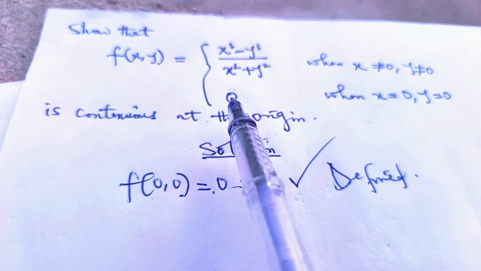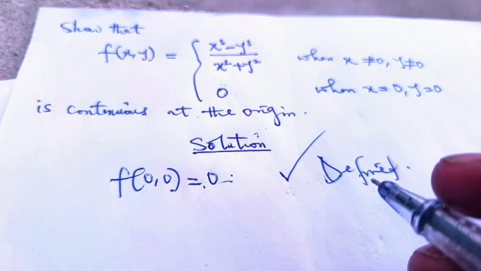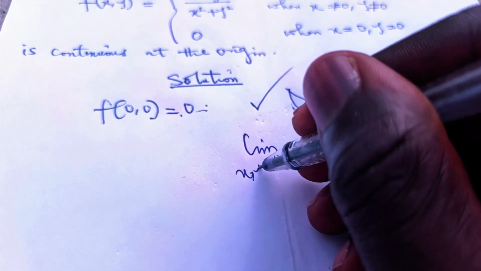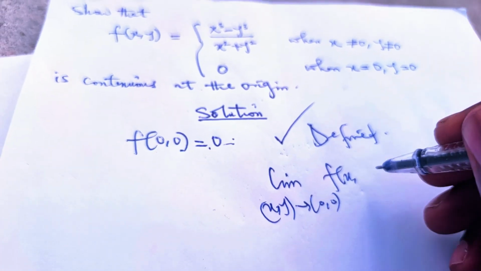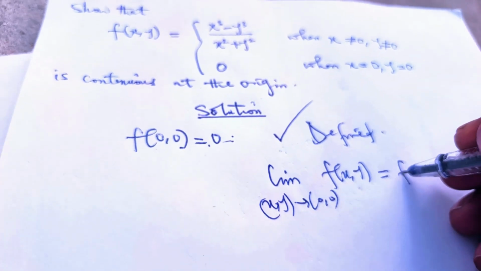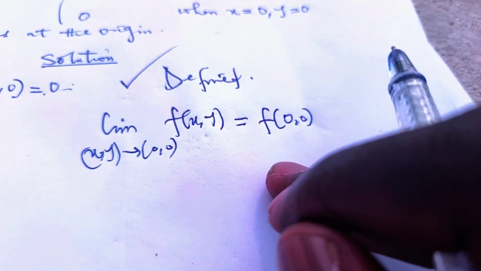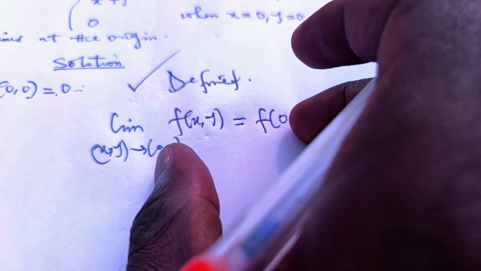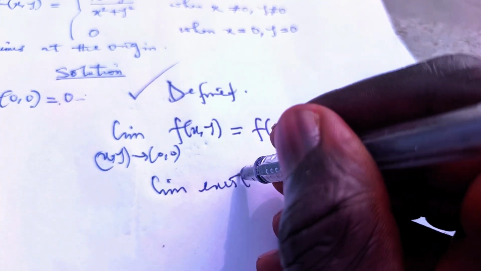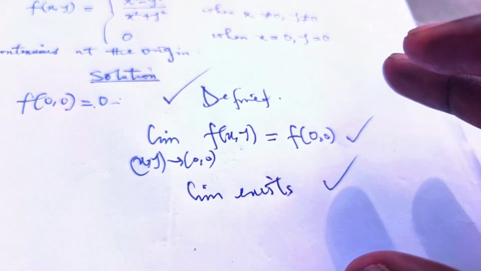Then, if the limit of the function at the point, that means the limit as x and y tend to 0 of the function, is equal to the function at the point. So if it obeys this, and the limit exists, you need to obey these three principles for the function to be continuous.